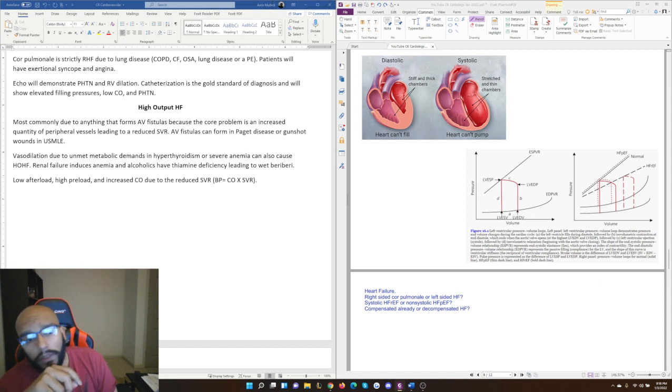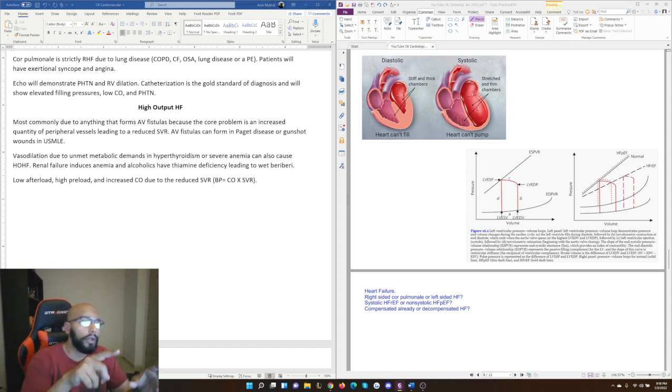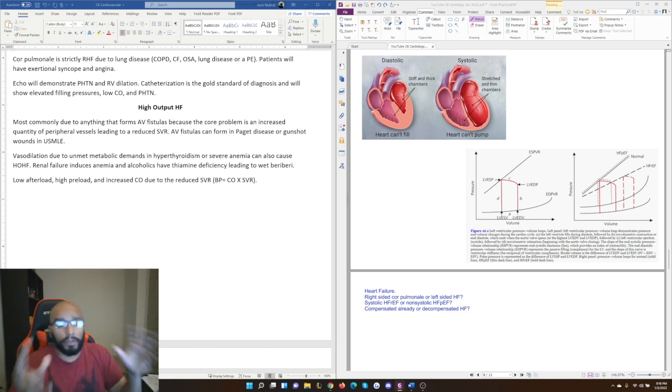So AV fistulas, you have to imagine what's happening. If you have a bunch of arteries that are supposed to go to the heart, and then you have a bunch of veins that come out, something like a bunch of veins that go to the heart, and then blood that comes out into the arteries. That's two different systems. But if at any point artery and vein connects, now you essentially doubled the number of arteries you had and also doubled the number of veins you had.